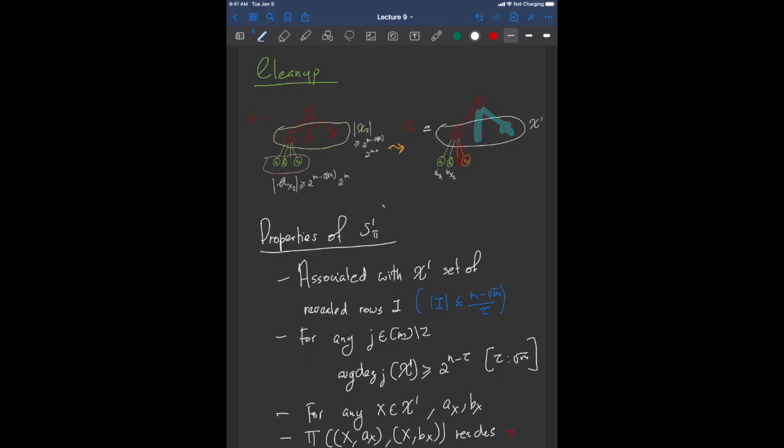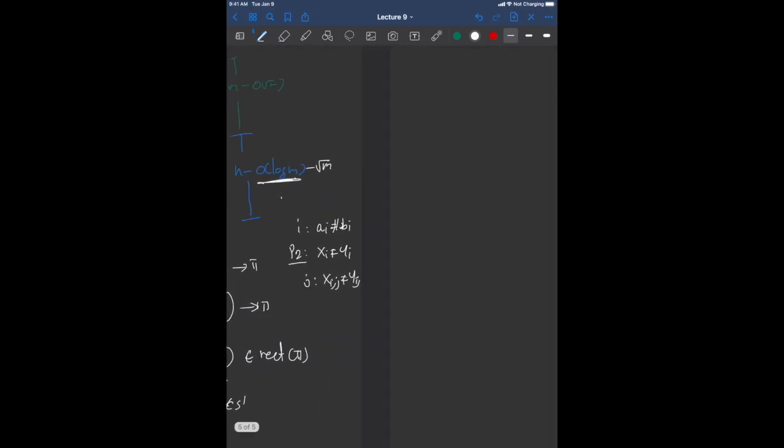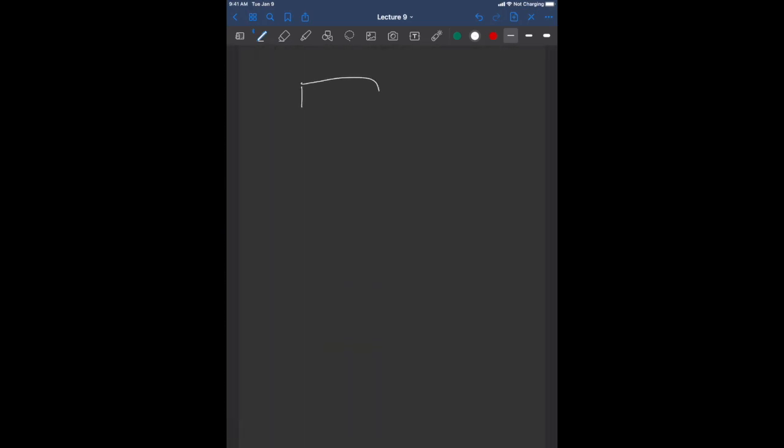In the first stage we gave them the same matrices, so they possibly know that these square root m bits of the row are the same for Alice and Bob. It's possible, right? So then we can only hope to run the second stage for another n minus square root m bits. Just what I'm saying is that in an unrevealed row, it could be that the players have learned that the first square root m bits of this row are the same for Alice and Bob.